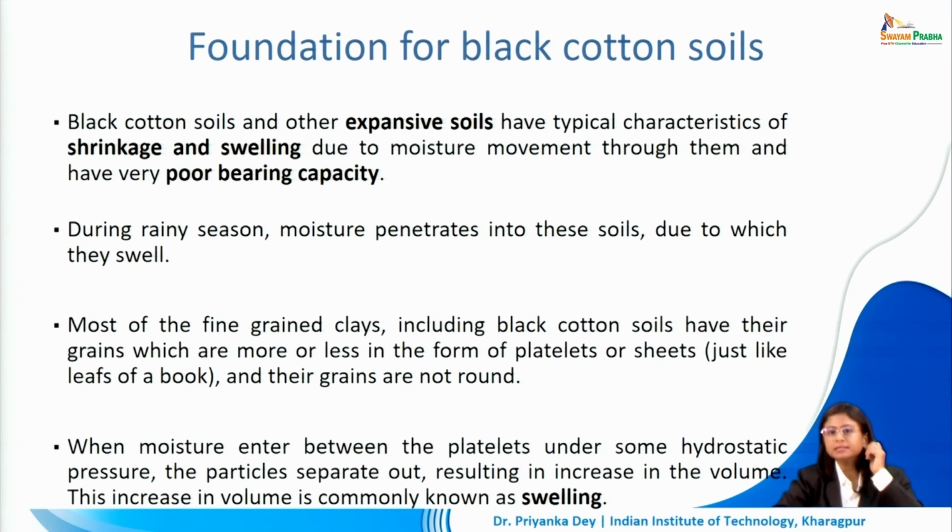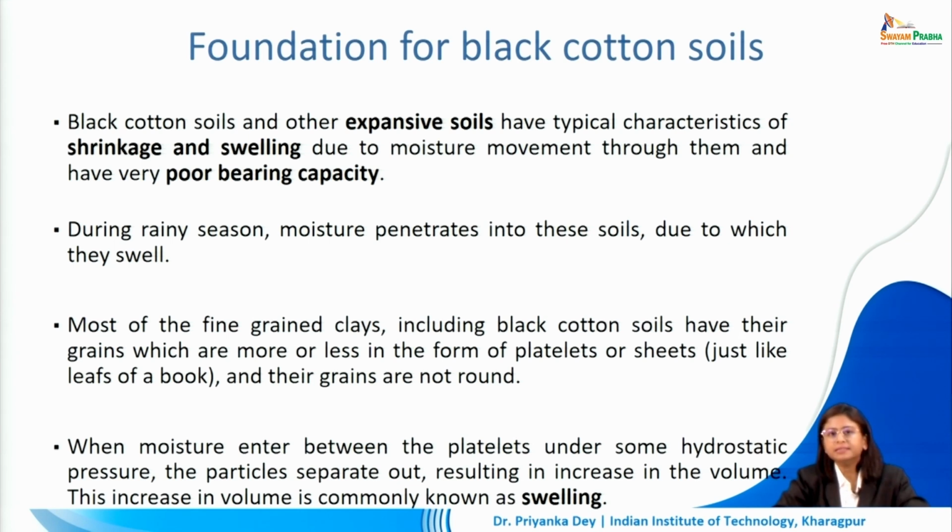Now, why is this particular type of soil challenging? Black cotton soil is an expansive form of soil. So it has the typical characteristic of shrinkage and swelling. Now this happens due to moisture movement throughout the various seasons, and this type of soil is specifically known for having very poor bearing capacity.